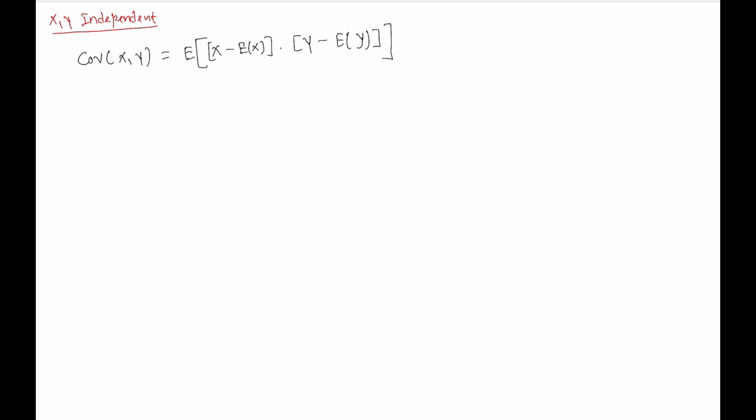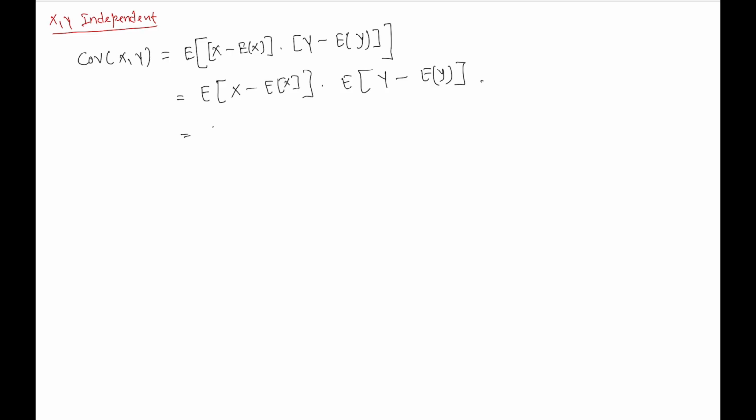If x and y are independent, then this can be written as the product of their individual expectations. So the expectation of the deviation of random variable x from its mean, times the expectation of the deviation of random variable y from its mean.